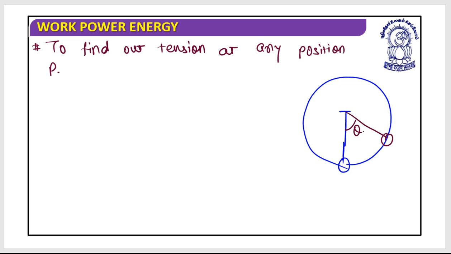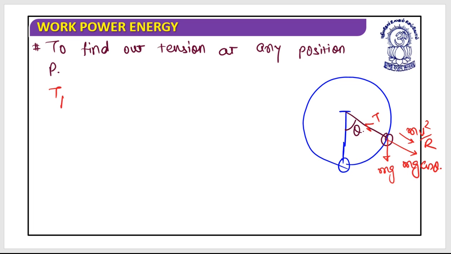Tell me. This would be the T, this would be the mg, this would be the mg cos theta, and this will be the mv square by r.